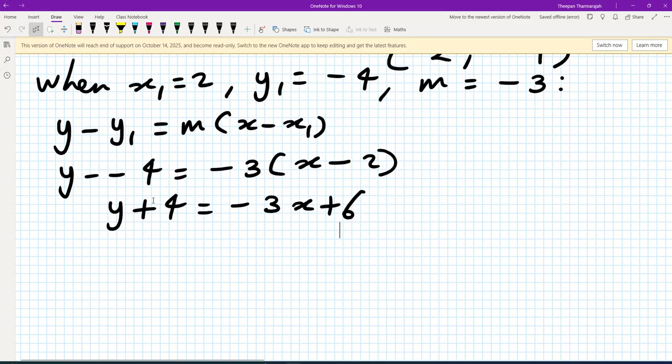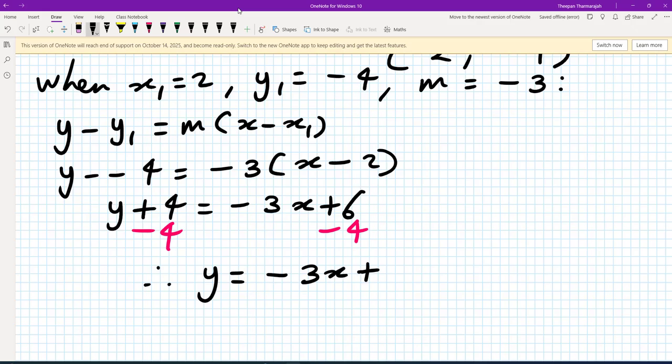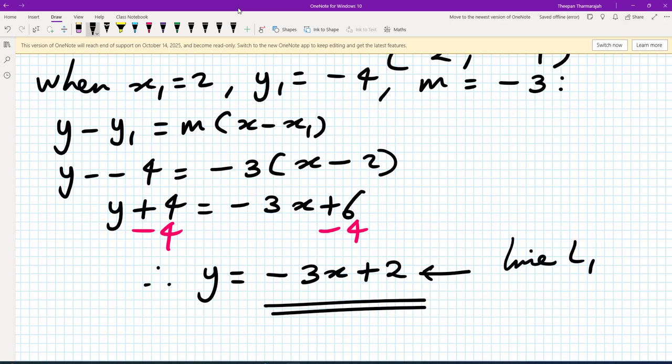And we can solve that equation, minus 4 on both sides. So therefore, minus 3x plus 2 is the equation of L1. So I'll just annotate that. That's the equation for line L1.